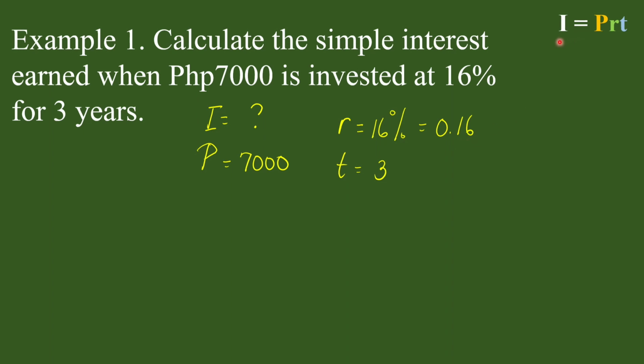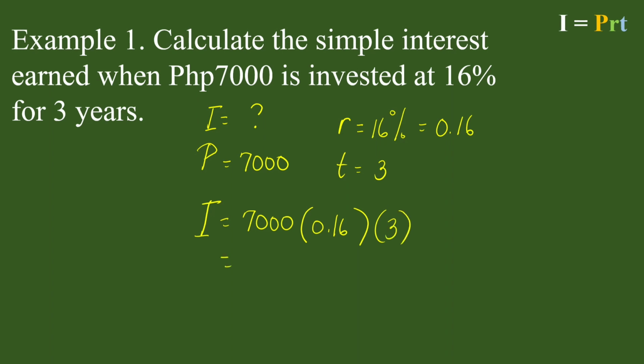So using the formula I equals PRT, I is being asked, let us substitute the given and solve for I. So I is equal to 7,000 pesos times 0.16 times 3.